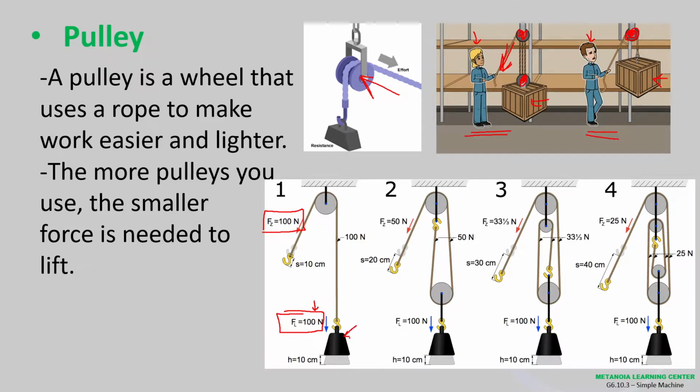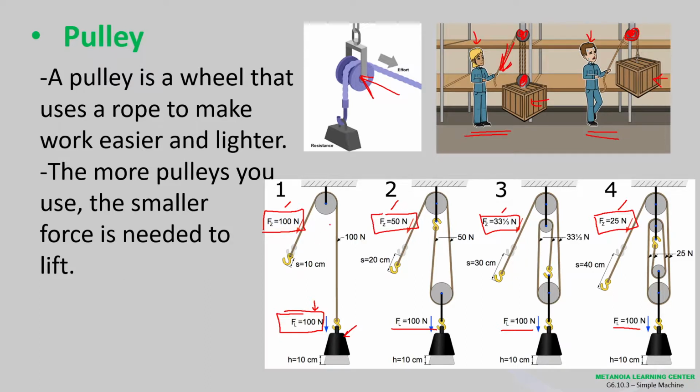So in this case is 100 newtons. Ganyan kahaba, pare-parehas yan silang lahat. If you notice, 100 newtons. But if you notice the other force here, gets smaller. From 100 becomes 50, becomes 33 and 1/3 and 25 na lang siya. Mas lumiliit siya, in other words.